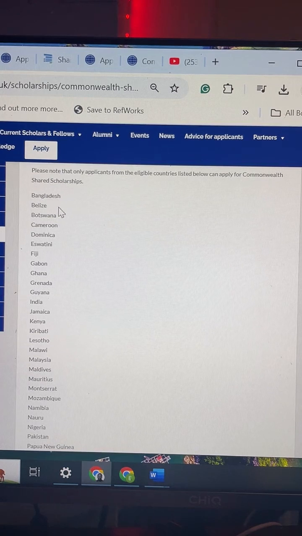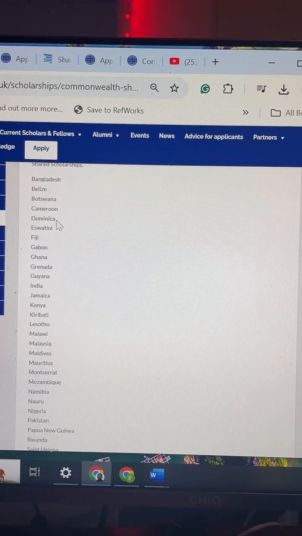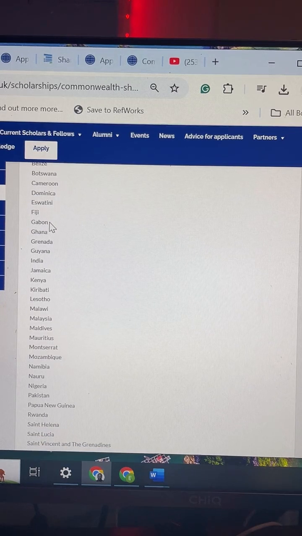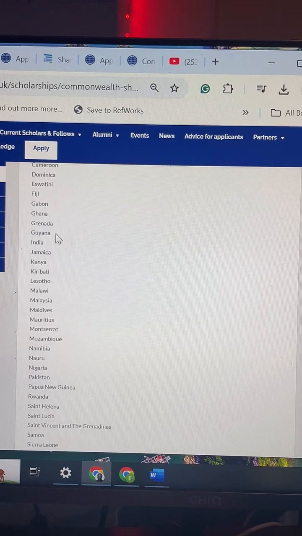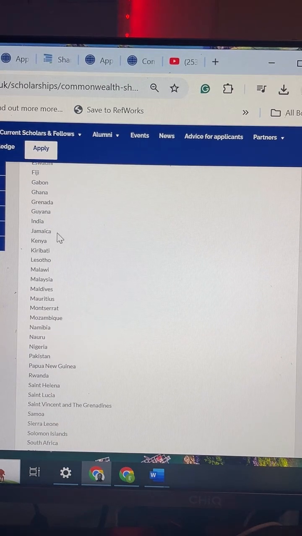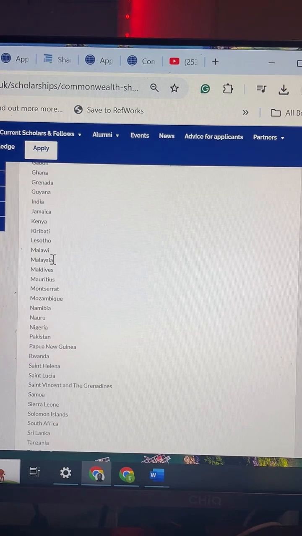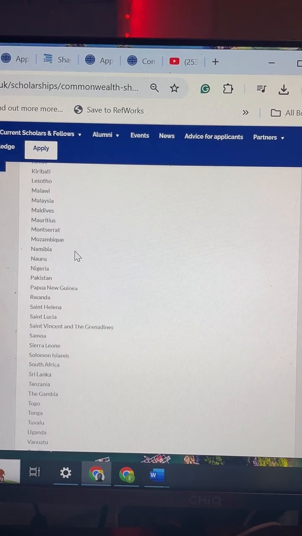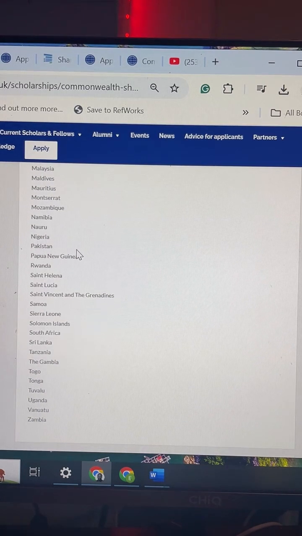Please note that only applicants from the eligible countries listed below can apply for the Commonwealth Shared Scholarships. So it's time for us to check if you can find your country in there. Bangladesh, Belize, Botswana, Cameroon, Dominica, Eswatini, Fiji, Gabon, Ghana, Grenada, Guyana, India, Jamaica, Kenya, Kiribati, Lesotho, Malawi, Malaysia, Maldives, Mauritius.